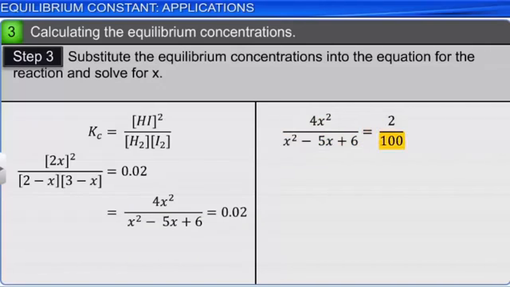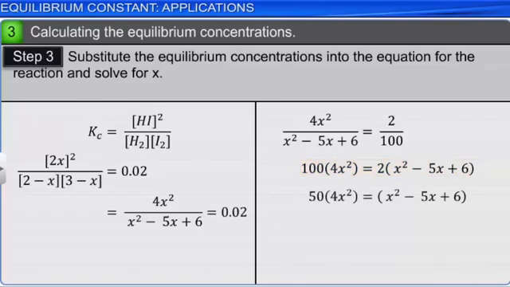On cross multiplying, we get 100 multiplied by 4x² is equal to 2 multiplied by (x² minus 5x plus 6). On canceling 100 with 2, we get 50 multiplied by 4x² is equal to x² minus 5x plus 6.